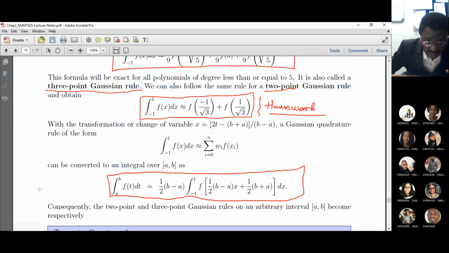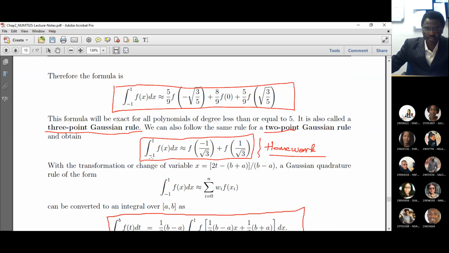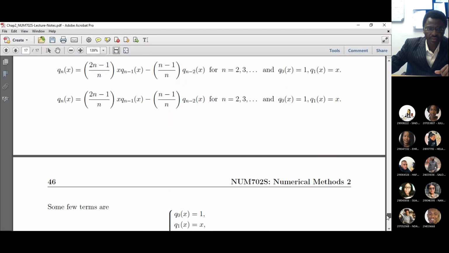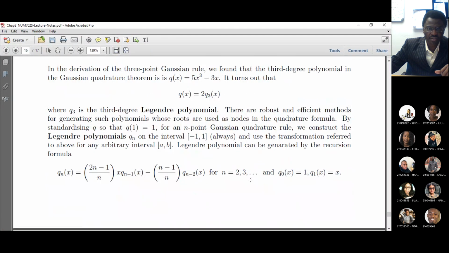Because that's the purpose of this change of variable. We have the 2-point rule derived from the interval -1, 1, and the 3-point from -1, 1. And we will even see that there is a general formula for any number of points, because that's where we will conclude, with the Legendre polynomials.